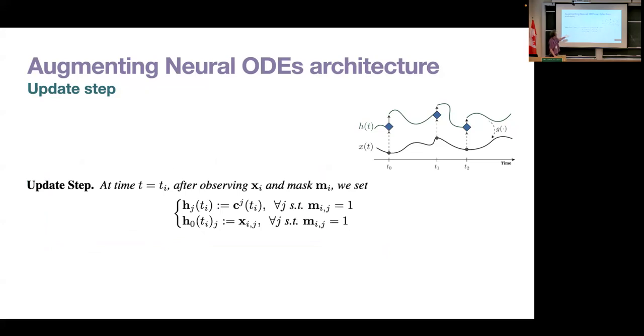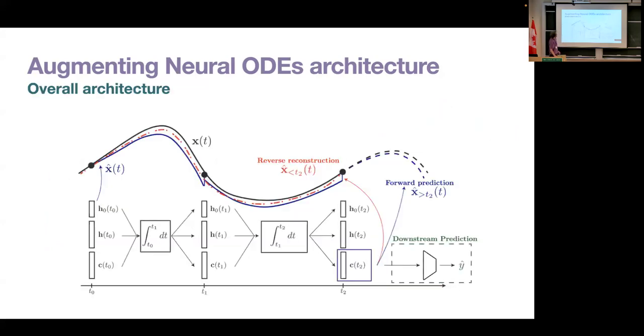And then we also have an update step as before. So all in all, we have this architecture that allows us to forecast over time, but then also do the reverse reconstruction, and we use the coefficients of the orthogonal polynomials as our patient signature that can allow us to do some downstream predictions.